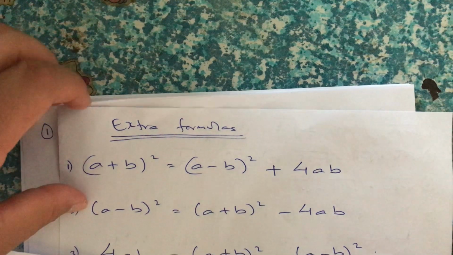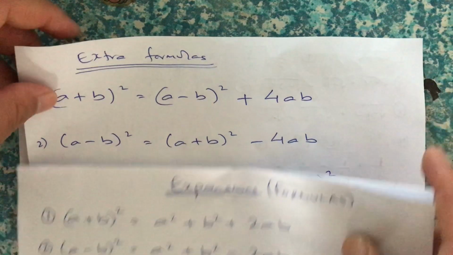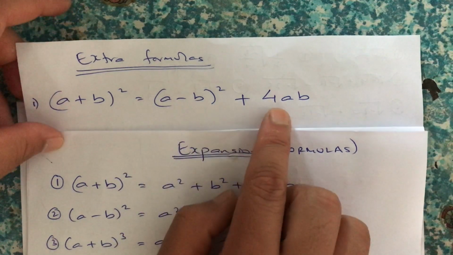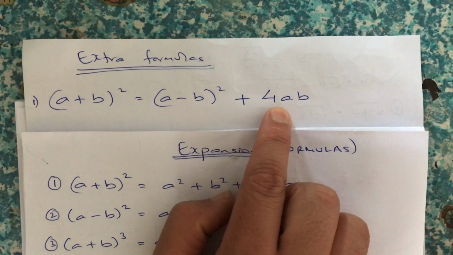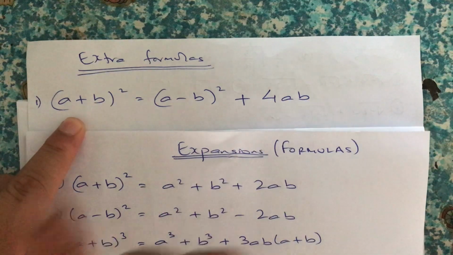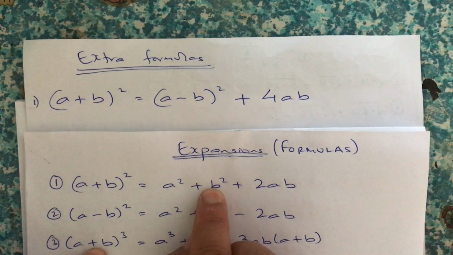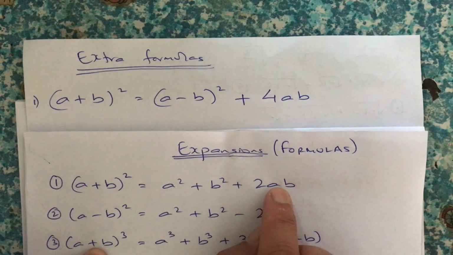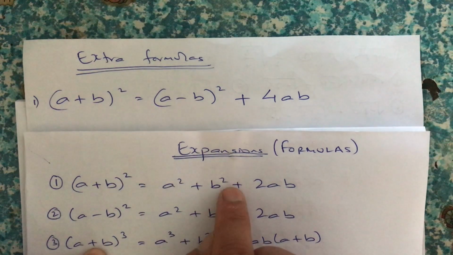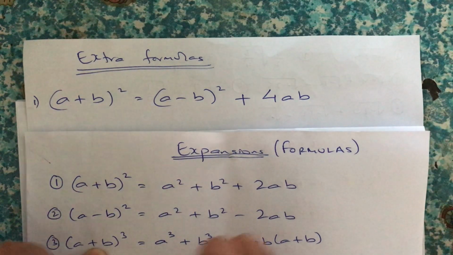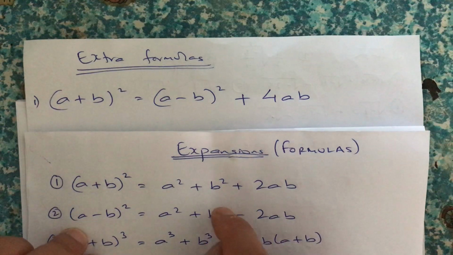It depends upon the question. If I have a minus b and ab given in the question, then I'll use the new formula. But if I have a squared or b squared and ab given to us, then I'll use the original formula. So it depends upon what is given to us in the question, and as per that we'll use the formula accordingly.